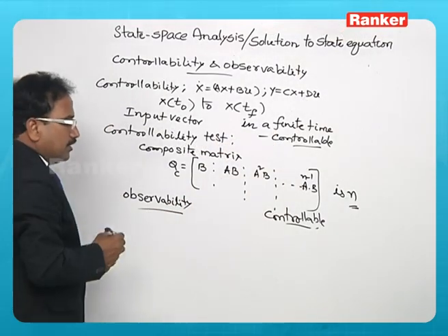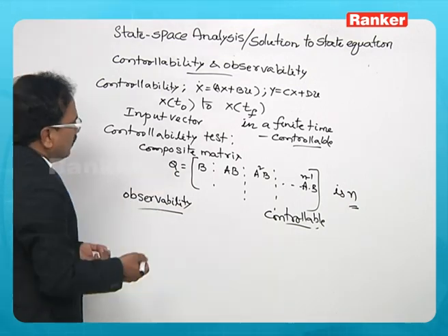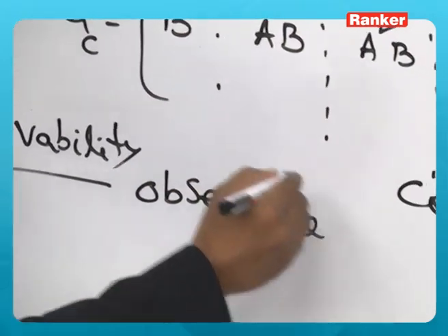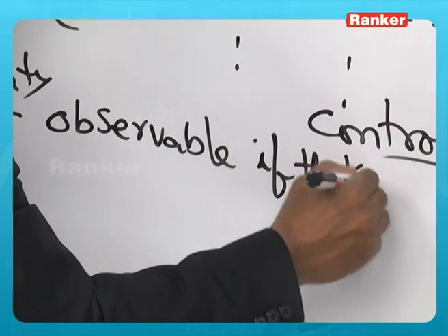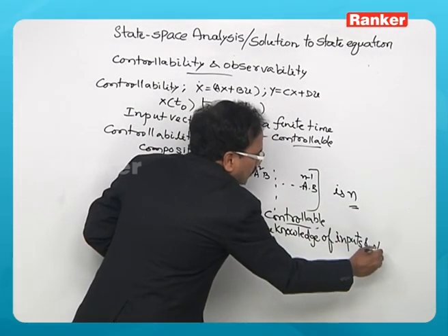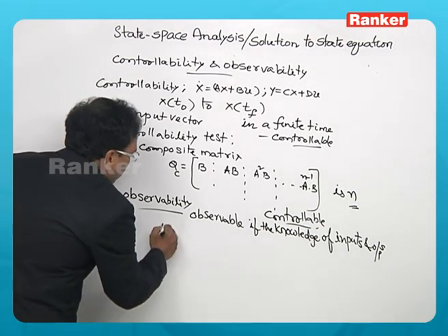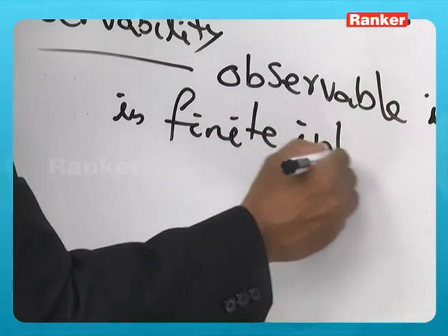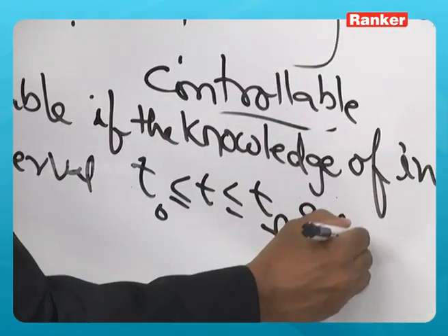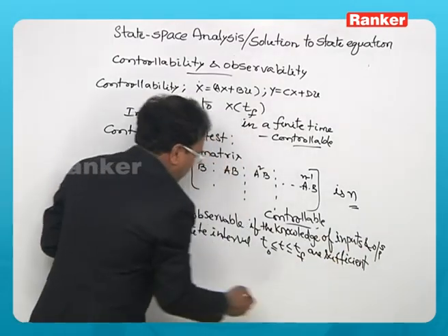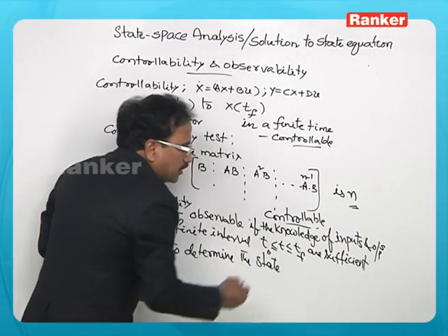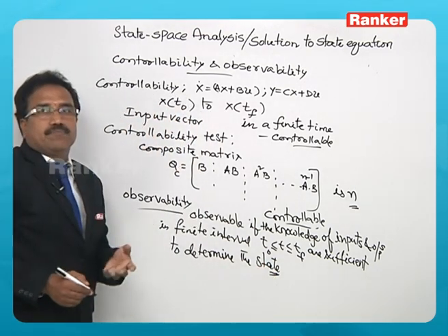This linear system, again x dot equal to Ax plus Bu and y is equal to Cx plus Du, is completely observable if the knowledge of the inputs and outputs in a finite interval, that is t0 to tf, are sufficient to determine the state of the system, every state of the system.